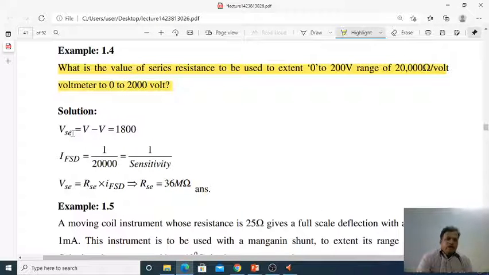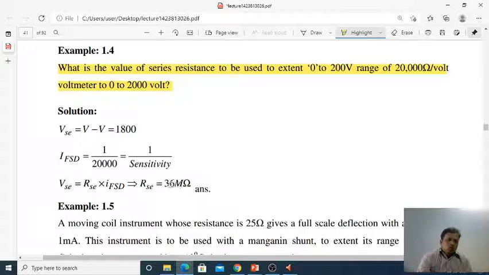Vsc equals V minus V, that is the maximum range 0 to 2000 volts minus the minimum range 0 to 200 volts. 2000 minus 200 equals 1800. Now, the full scale deflection current is IFSD equals 1 by sensitivity, and sensitivity is given as 20,000. Vsc equals Rsc into IFSD is the formula, so Rsc equals Vsc by IFSD. Rsc equals 36 mega ohms.